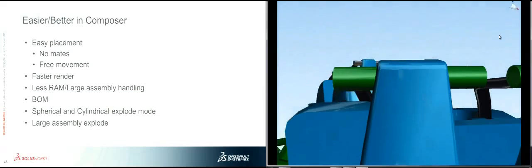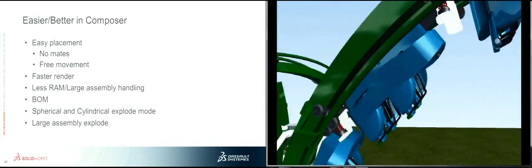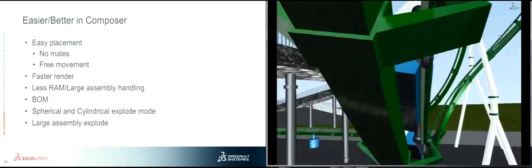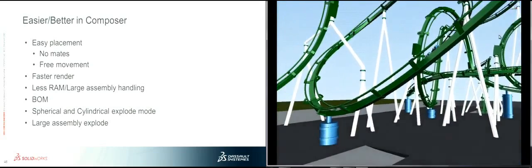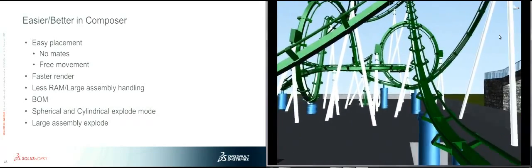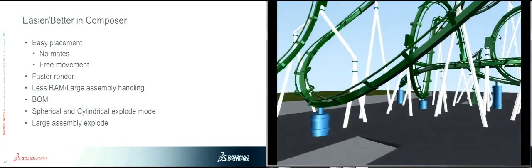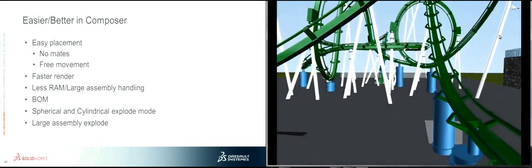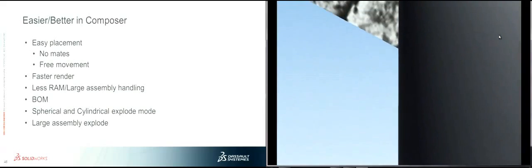This one starts out attached to the car on the roller coaster, and then in a second it'll switch so that it focuses on the car and watches it no matter where it goes. And then the third one is a stationary camera that just looks at the overall motion that's happening. So it just follows an area. Like I said, SolidWorks can do it, but it's a little bit easier because it's built in as a specific function in Composer.